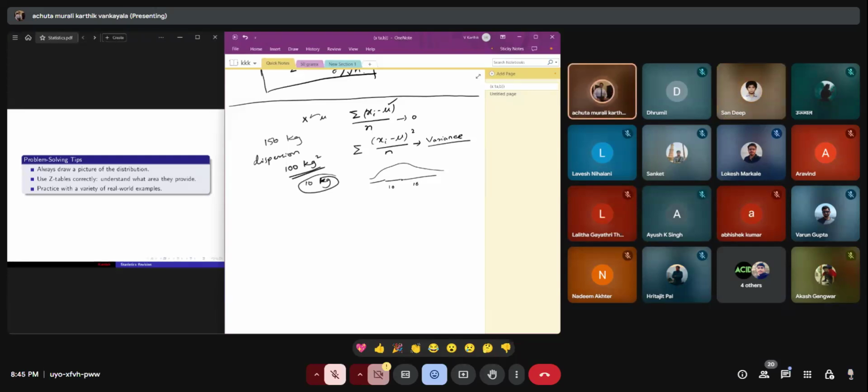Generally, for the purpose of normalizing, you use standard deviation, but usually we go for variance. Variance is a central moment. If you know moment generating functions, there you get the idea of x minus mu whole power r.